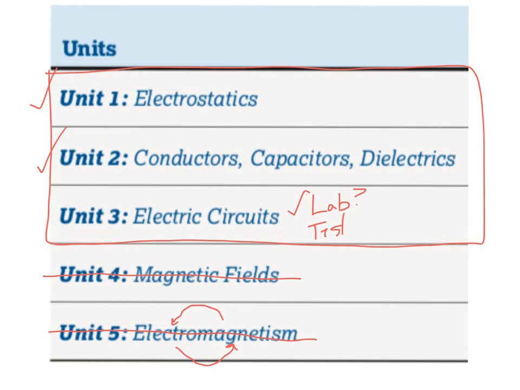But I do want to get through the lab this week, and we will have the circuits test sometime next week. And at that point we will be done with the electricity and magnetism curriculum, since they cut out everything else.